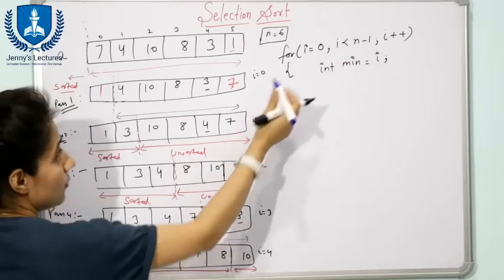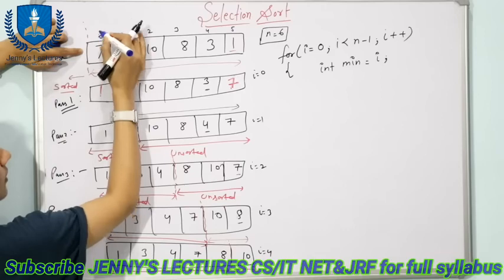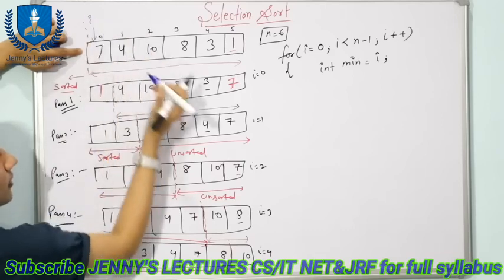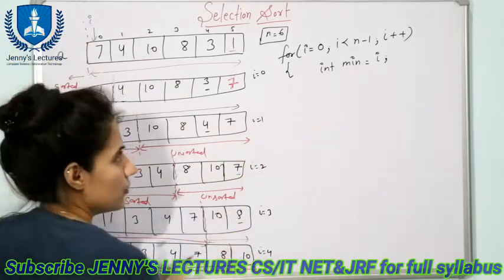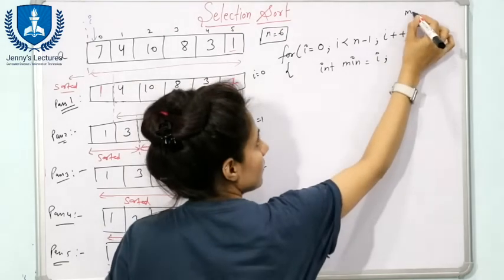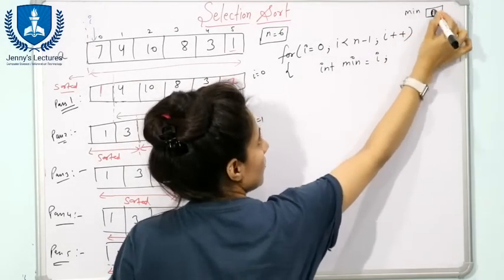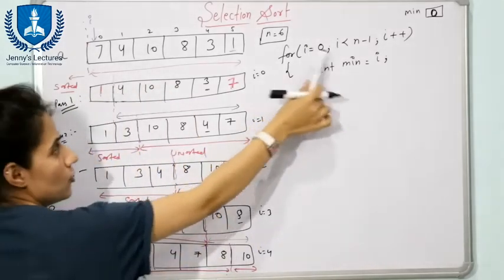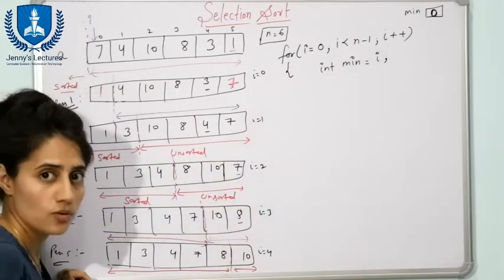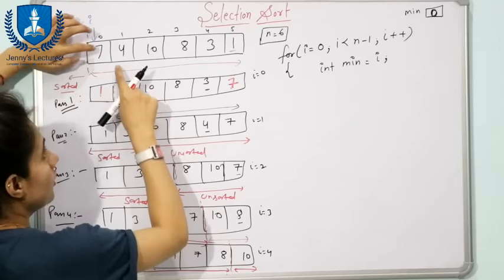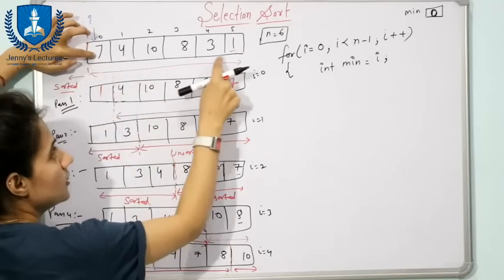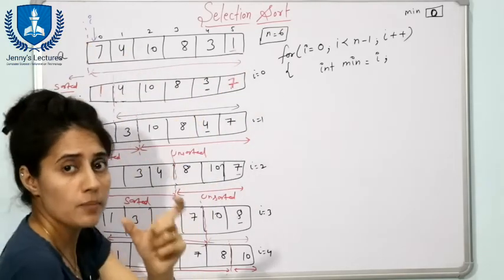So now see, at the start when i value is 0, i is here and min is a variable, and the value of min is also 0, because i is 0. Now what you will do, now you will compare this element with these elements to find out the minimum element.